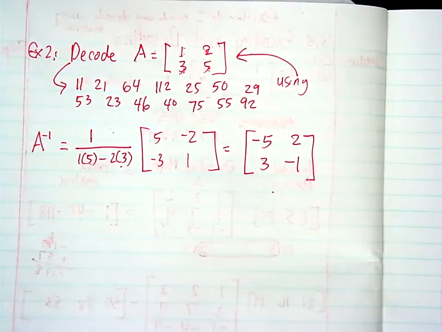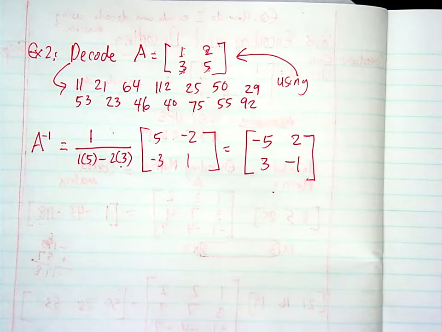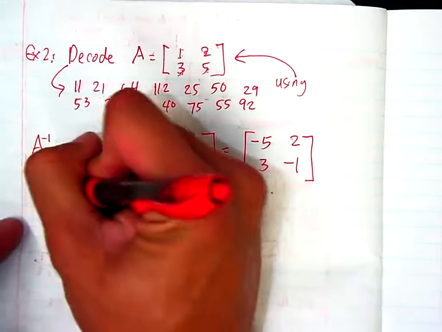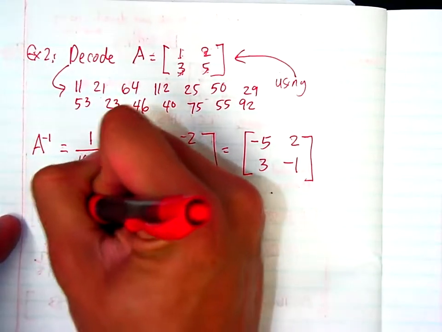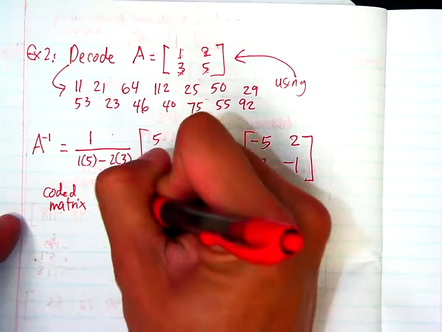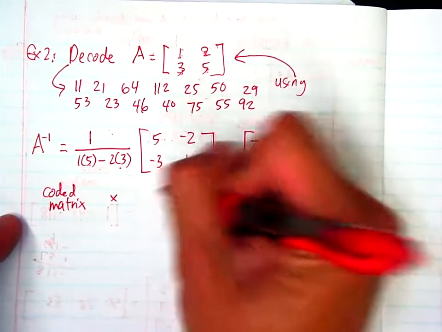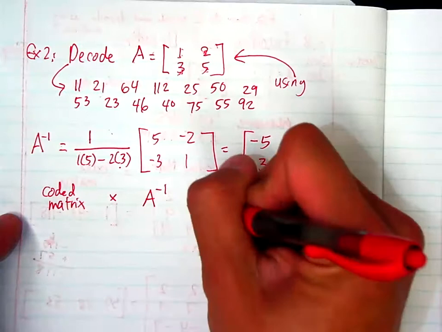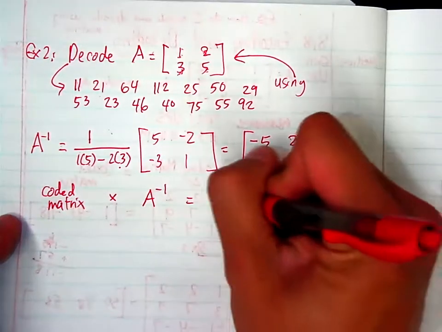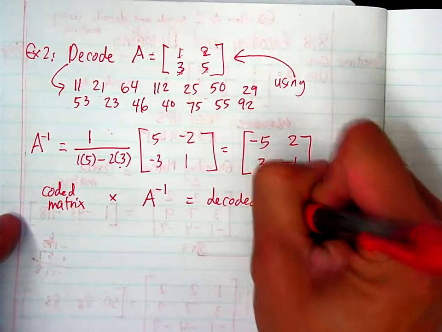Okay, so now I am going to use the inverse to decode. In order to decode it, I'm going to have the coded matrix, and I'm going to multiply it by A inverse, and that's going to give me the decoded matrix.